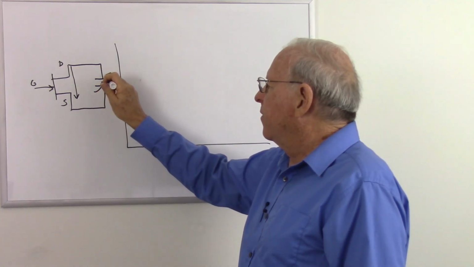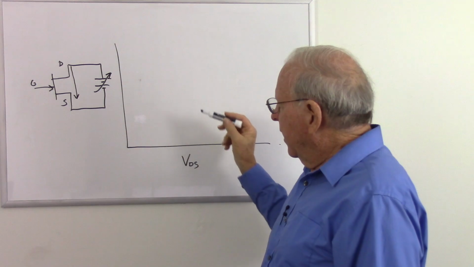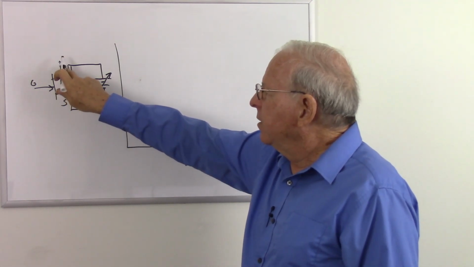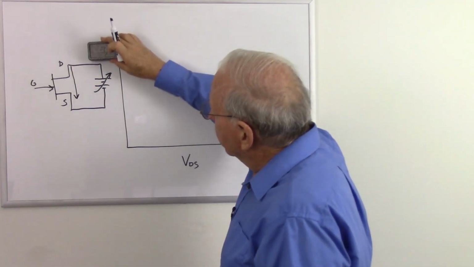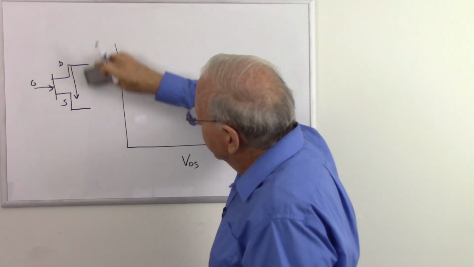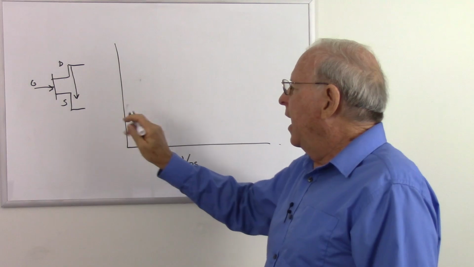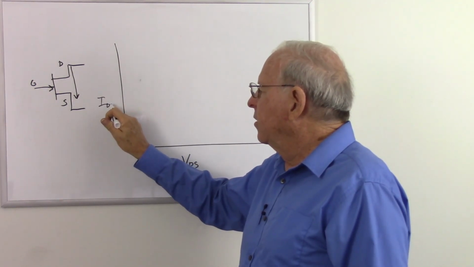So this is going to be a variable battery here. And we're going to see what happens to the current through the drain to the source as I change that voltage. Now I'm going to get this out of the way because it's kind of in the way of my graph a little bit here, because that's the voltage from the drain to the source, and this is going to be the current from the drain to the source.